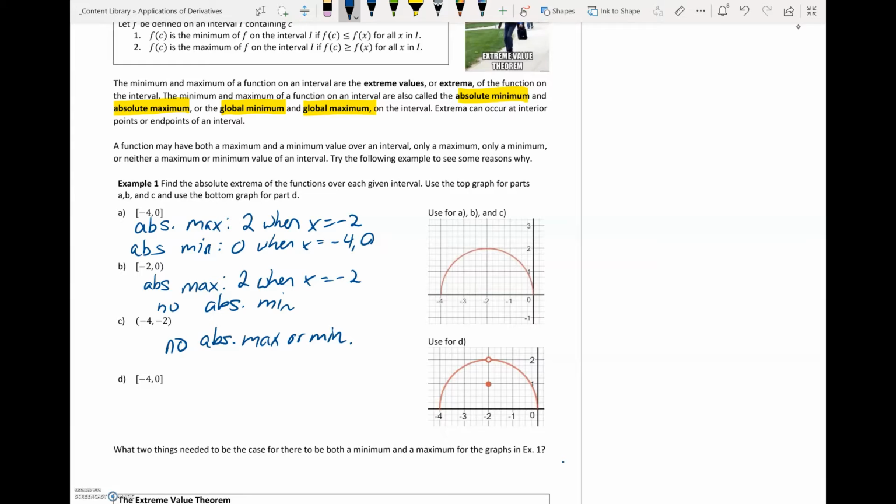At x equals -2, the value is actually 1. So in this case, we don't have an absolute max, only two absolute mins. So your absolute min is 0, and this is when x is equal to -4 and 0, and there's no absolute max.